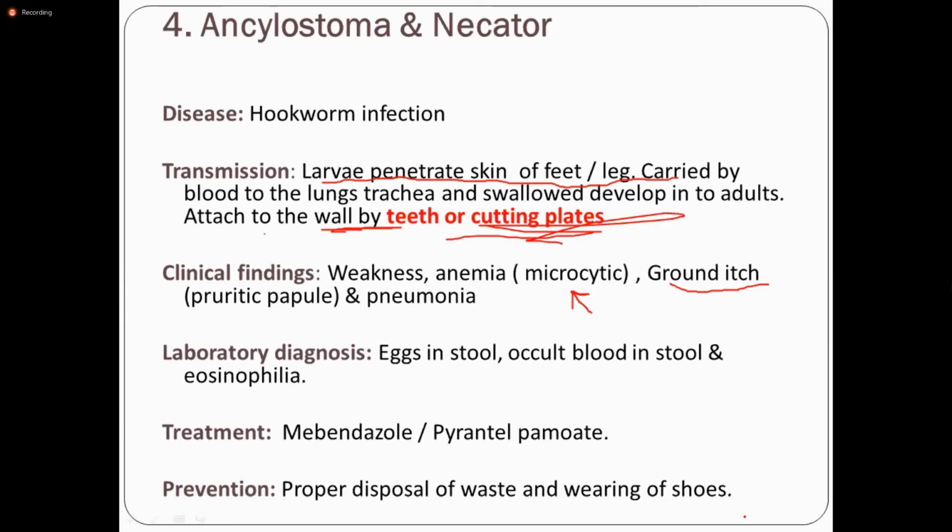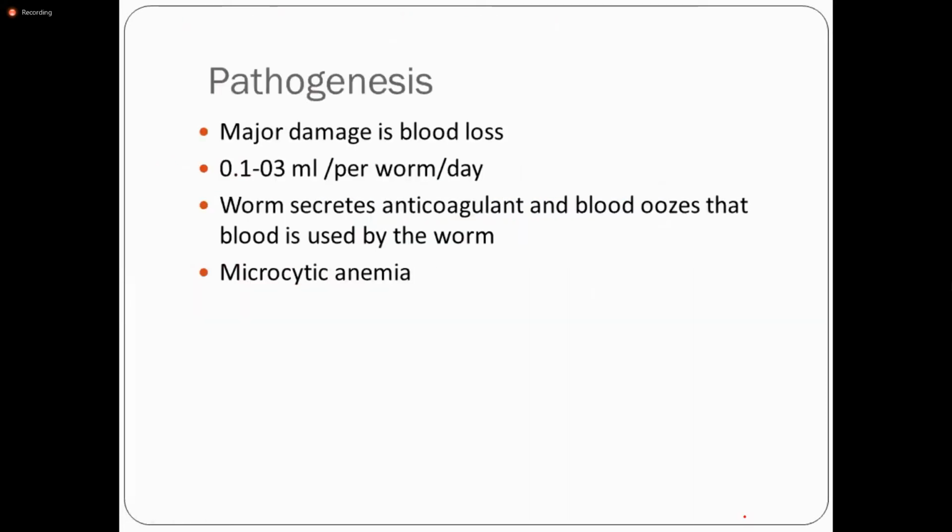So prevention is the general rule, like disposal of feces properly. Major damage is blood loss, because 0.1 to 0.3 ml per worm per day is lost. And you saw how many worms were there.